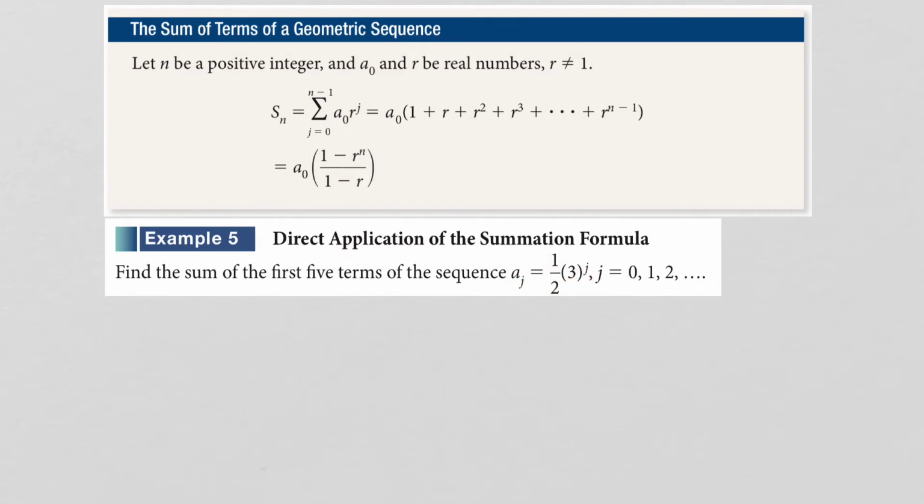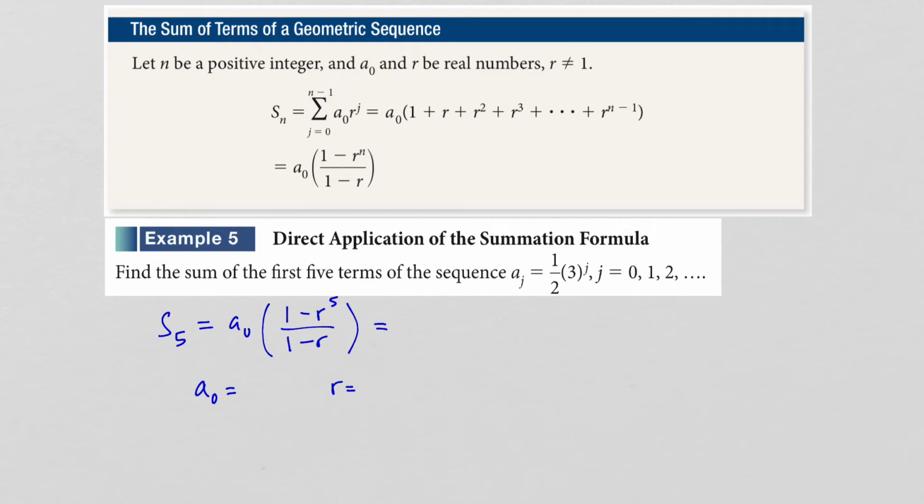So to find the sum of the first 5 terms here, the formula says that S5 will be equal to a0 times 1 minus r to the 5 divided by 1 minus r. So it'll be a naught times 1 minus r to the 5th power divided by 1 minus r. So to figure this out, we just need to know what is a naught, what is the first term, and what is r.